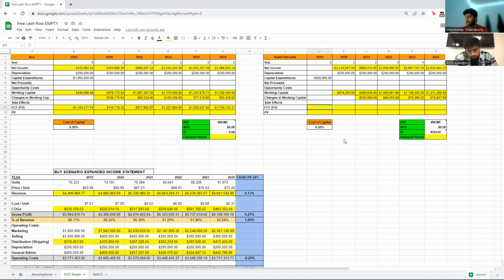Now let's do the same thing here. For 2019, I'm just going to make it equal to CapEx because that's the only thing there. 2020 onwards, we're going to have to use the full formula. So equals net income plus depreciation minus your changes in working capital.